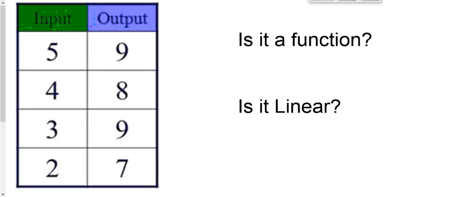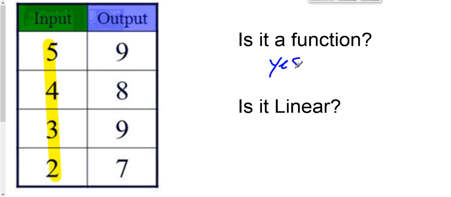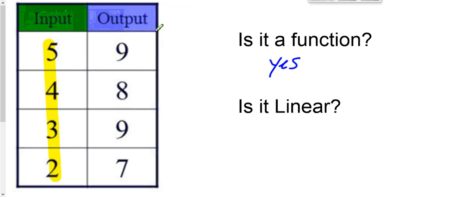So again, we're going to check. Are any numbers the same over here on the left? None of them are the same. It is automatically a function. It does not matter that these two outputs are the same, because our inputs were not the same. The outputs don't matter.